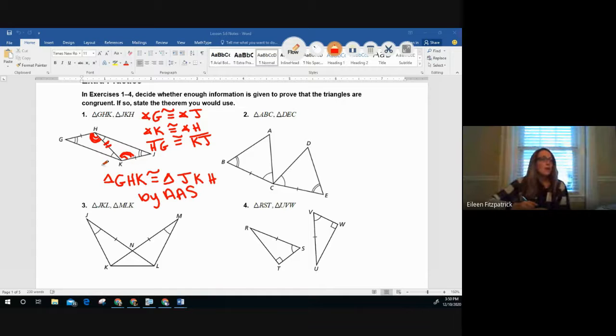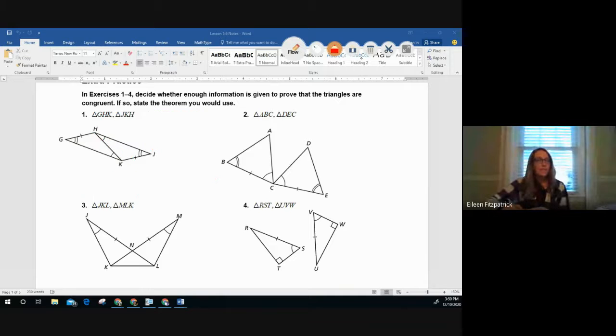Once you do that, you can say the two triangles are congruent by side, angle, side, or you could use angle, side, angle. Based on whatever markings you list, there might be other options, but just based on the markings given, this would be the answer. Okay, let's move on to the next one.